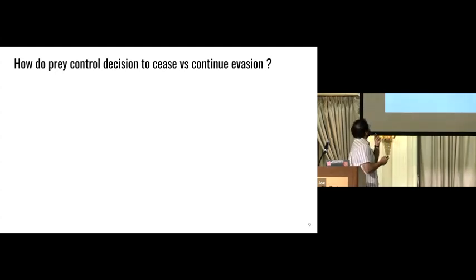So we are mostly interested in how the prey control the decisions to continue fleeing once they have started to flee. Prior studies have told us that what initiates an escape could be a number of things, but they never tell you what happens after the initiation. So what happens once you start escaping? How do you decide whether you should continue escaping or stop escaping?